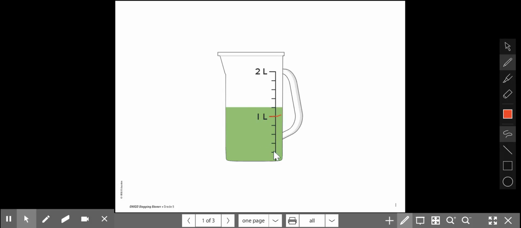So each one of these sections is worth 1,000 milliliters divided up 5 ways. If we divide 5 into 1,000, we get the number 200. So each one of these lines represents another 200, not liters, but 200 milliliters.